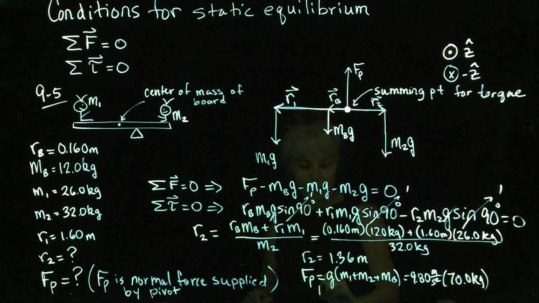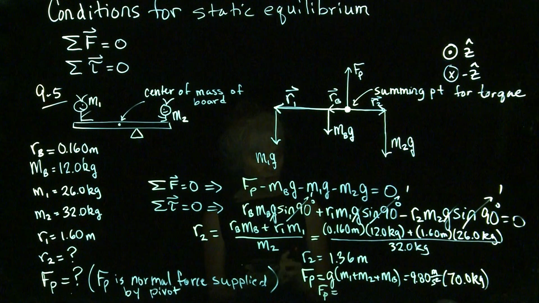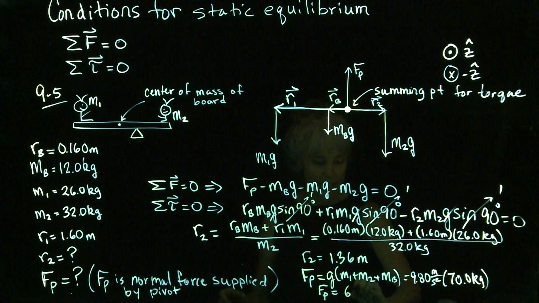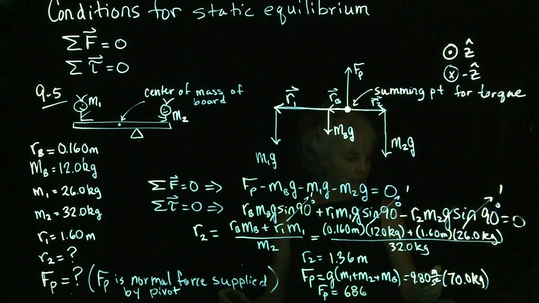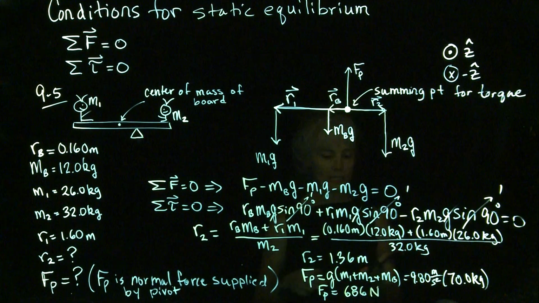So what is the magnitude of the force FP being exerted upward on the board by the pivot point? So 9.8 times 70 is going to give us a value of 686. And the units, meters per second squared times kilograms, are going to give us units of newtons.